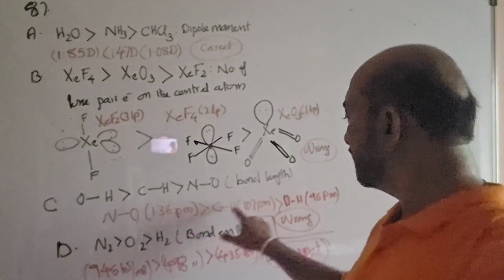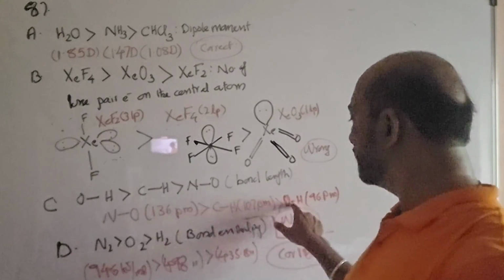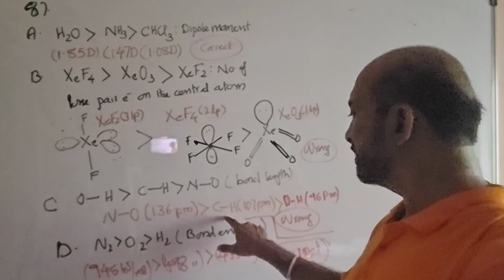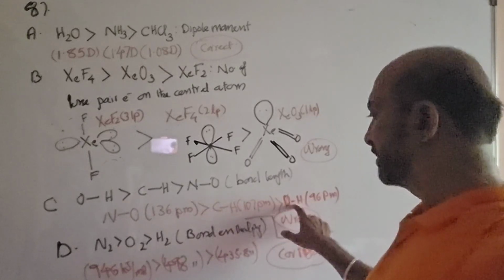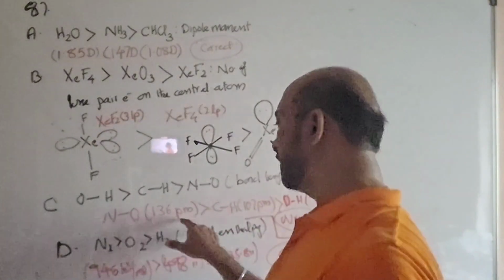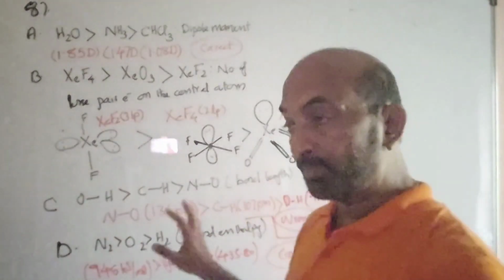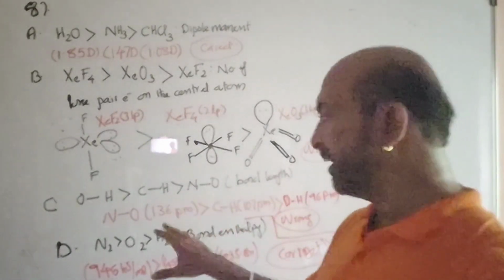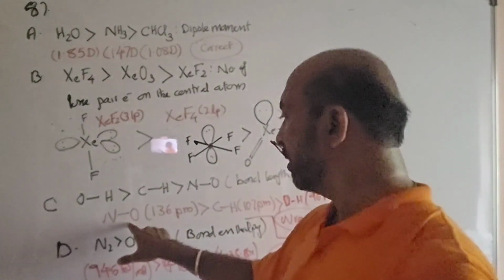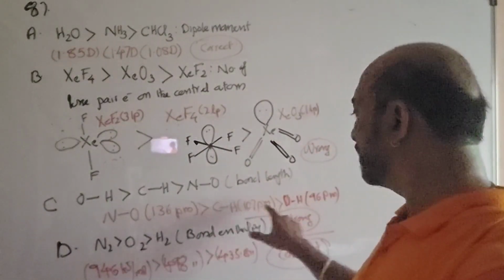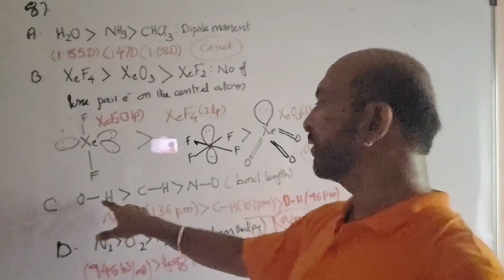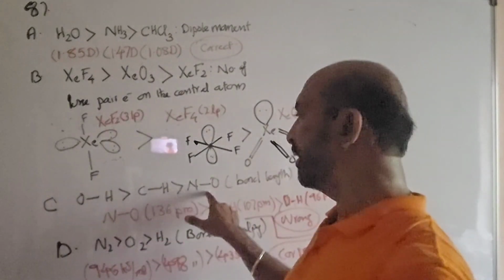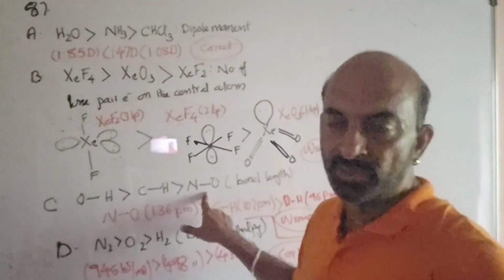Then we have C-H and O-H. O is smaller than C, so the C-H bond will be slightly longer than the O-H bond. So even without memorizing the values, our assessment can sometimes be correct. N-O greater than C-H greater than O-H is the correct order, whereas they have given O-H greater than C-H greater than N-O. So this is also wrong.